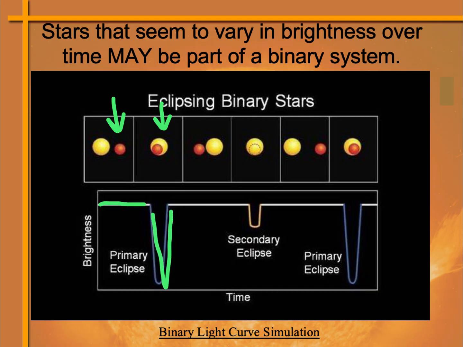But as they continue to orbit one another, they come back up to the maximum brightness. Later, when the dimmer star goes behind, we can see only a small dip in the maximum brightness since the dim star's light is blocked. When this pattern continues to repeat, we can probably assume we have a binary system.